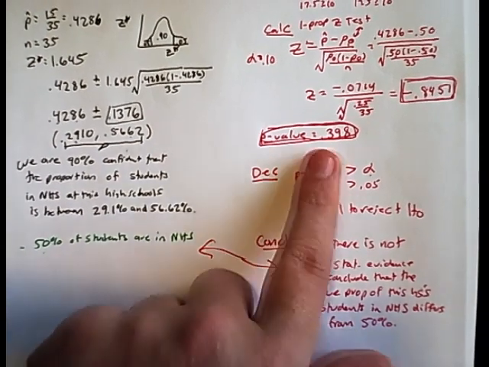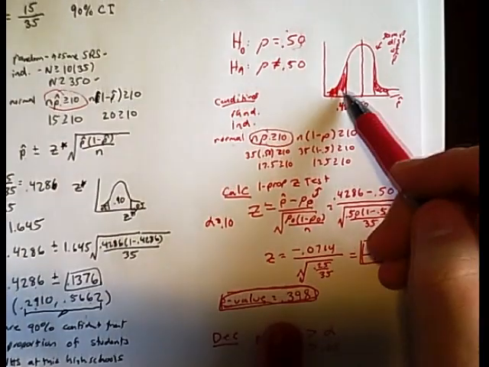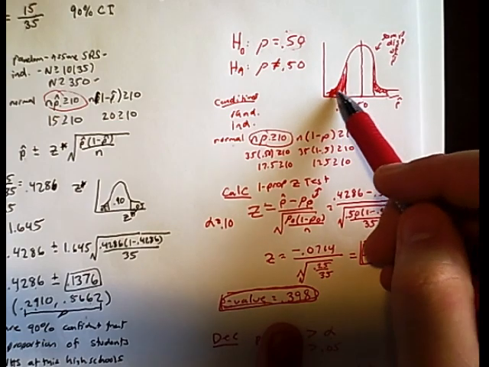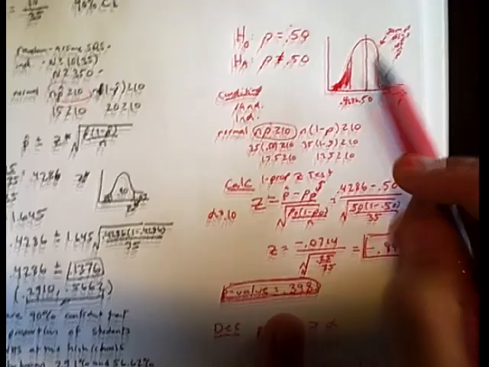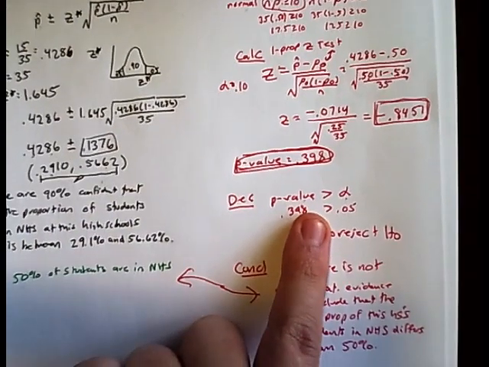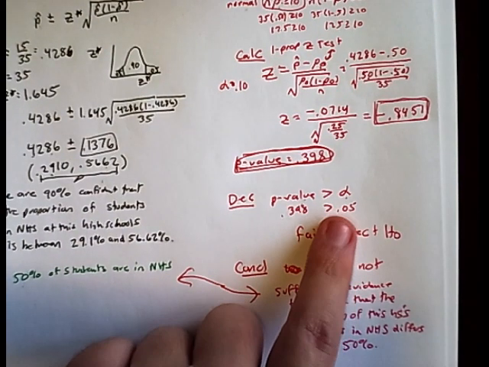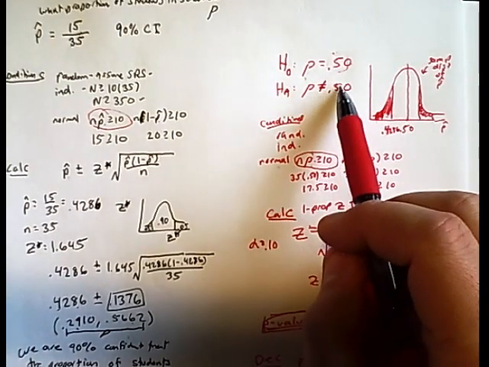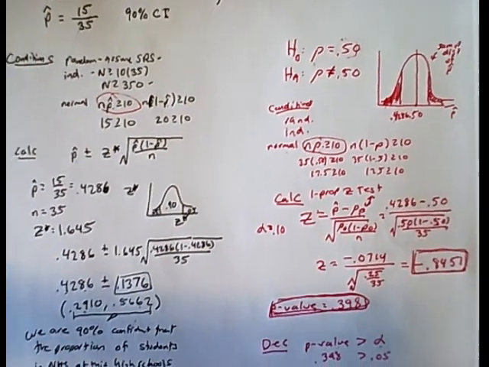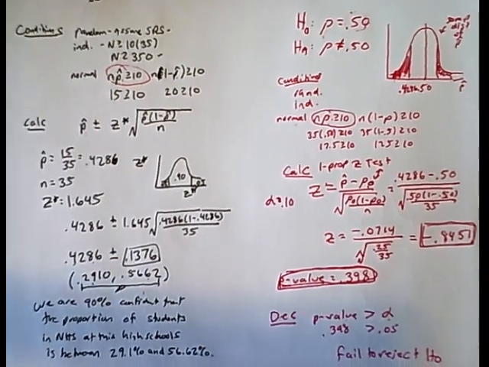Just like over here, if our p-hat was much further away from the center, the p-value would have been much lower, and then it would have been less than alpha. If it was less than alpha, then I could reject the null hypothesis, and I could say it's different than 50%. So there's the connection again.